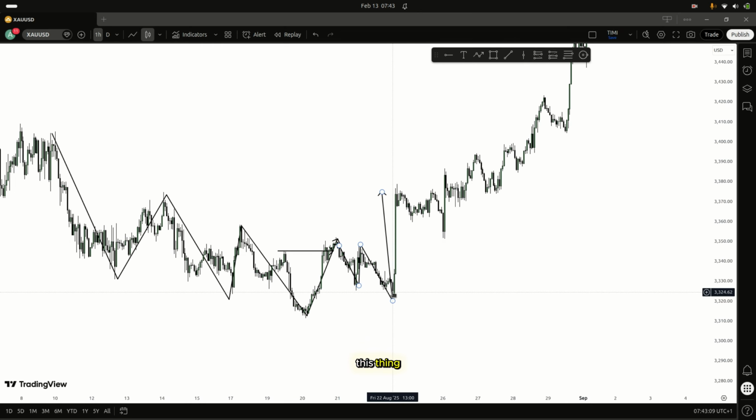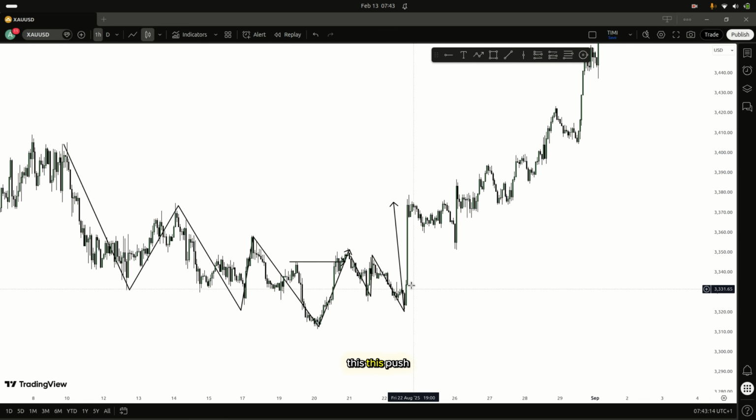Immediately price did this impulsive push. This was a high, this was a high, this was a high. Immediately this candlestick took out all of these highs. A double break of structure just occurred right there.